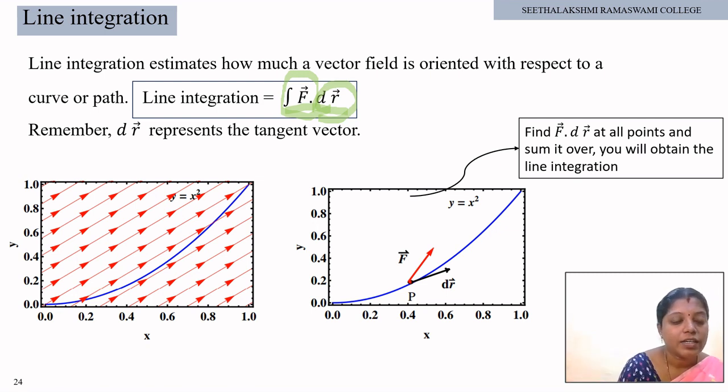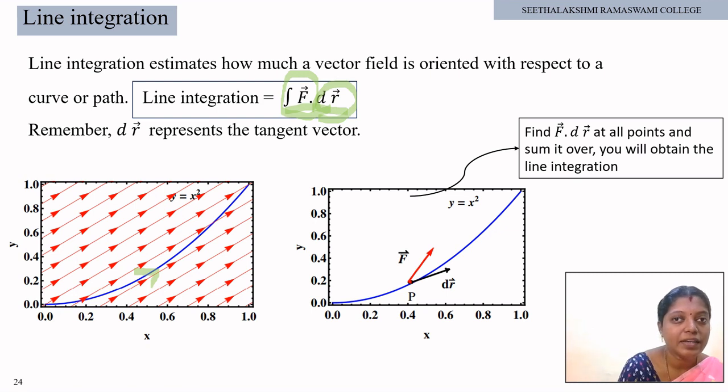We know the direction of F, so how will you set the direction of this curve? If I consider the object is moving along the path in this direction, how will you set the vector for this path?